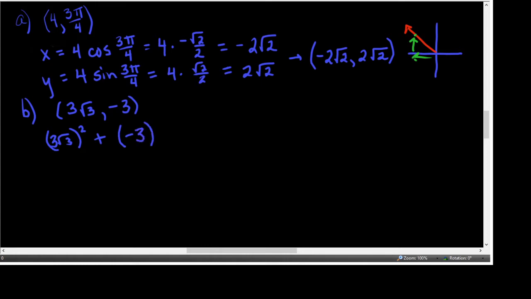And I kind of like having the r written on the left side since that's what I'm solving for. I'm used to thinking x squared plus y squared equals r squared, but I think this is probably better.